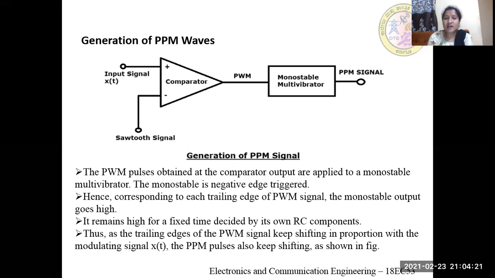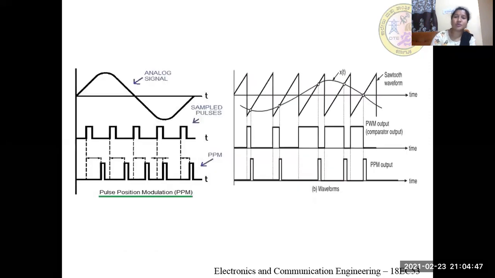It remains high for a fixed time decided by its own RC components. Thus, as the trailing edge of the PWM signal keeps shifting in proportion with the modulating signal x of t, the pulse position modulation pulse also keeps shifting, as shown in the figure.